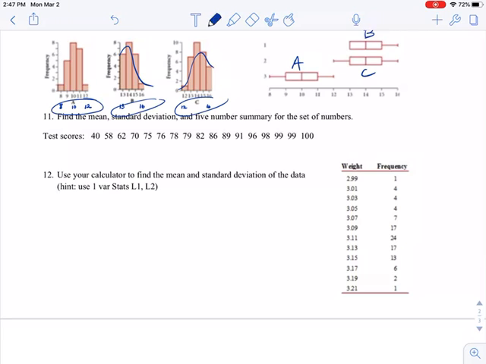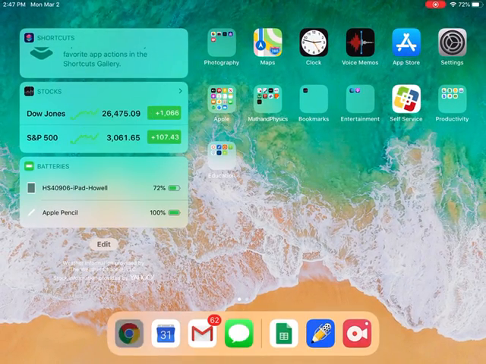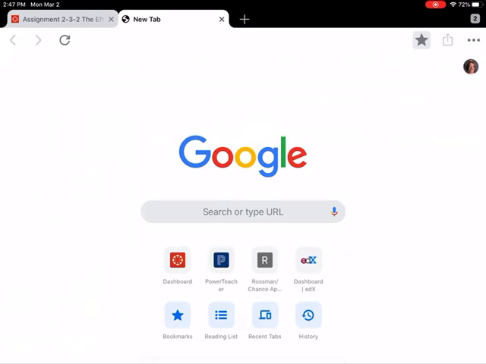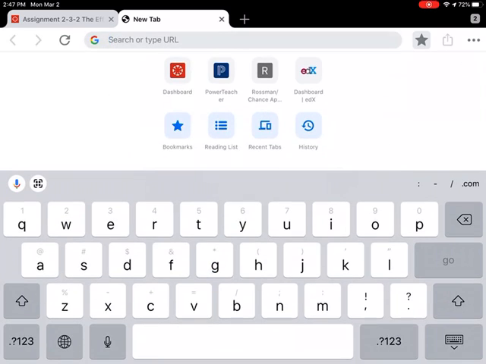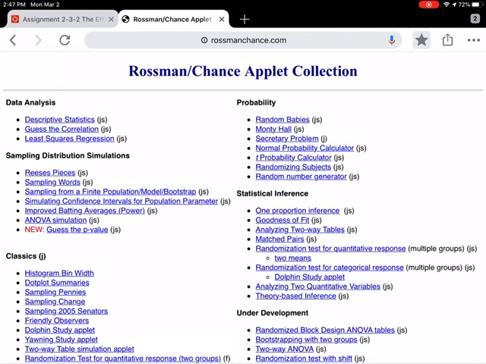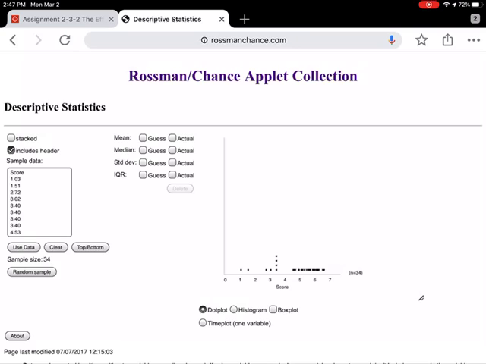Question number 11. Find the mean, the standard deviation, and the 5-number summary for the set of numbers. What I'm going to recommend here is that we put this into Rossmann Chance. So I'm going to go to Google, go to the Rossmann Chance applets, and go to descriptive statistics.